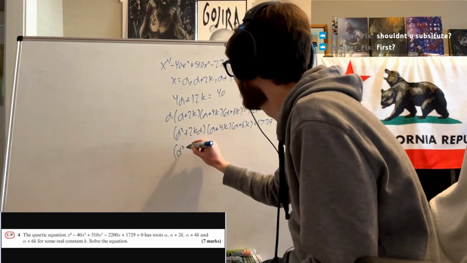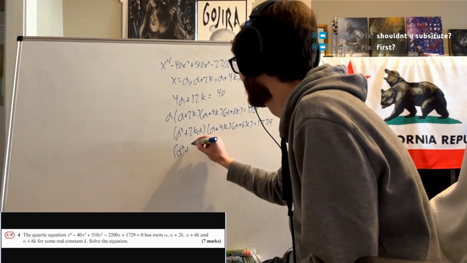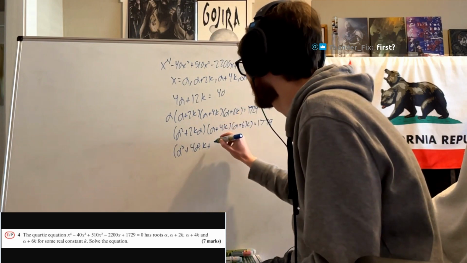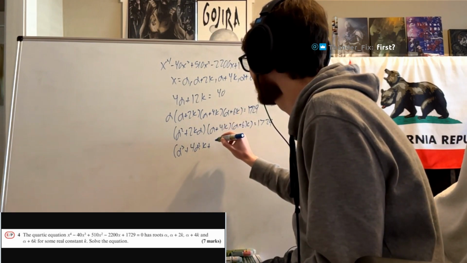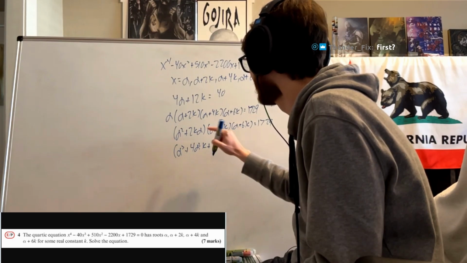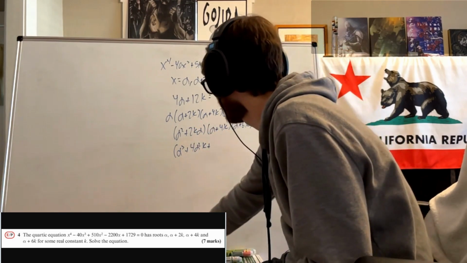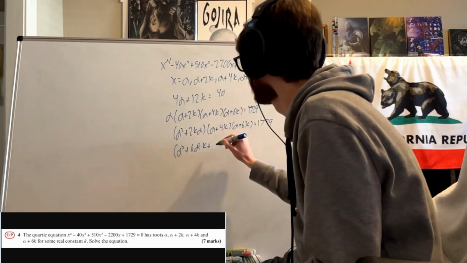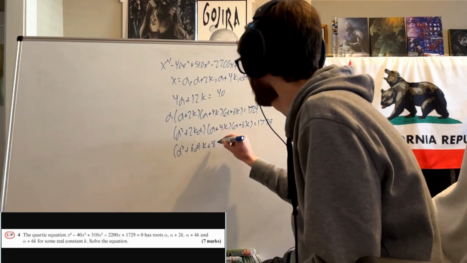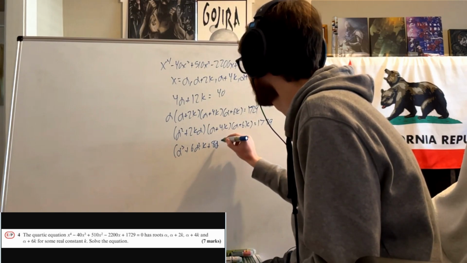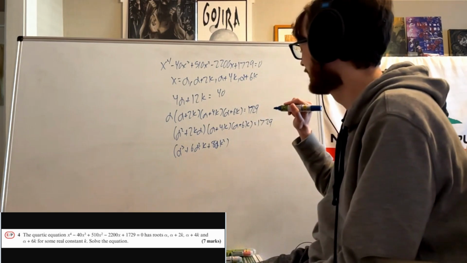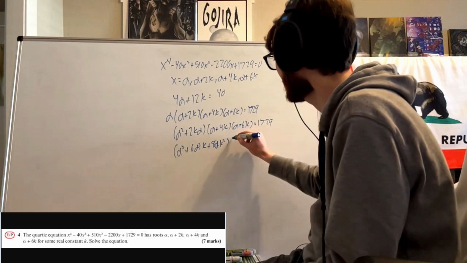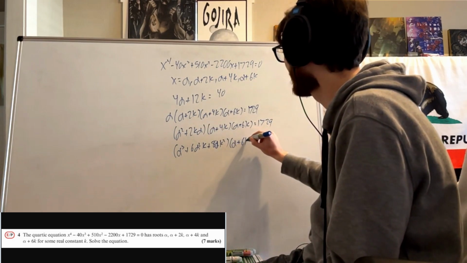Alpha cubed plus 4 alpha squared k. Now I'm already mixing up my order. It's going to be 6 alpha squared k. Plus 8, oh god, alpha k squared. Alpha squared k, alpha squared k. Okay. Alpha plus 6k, right?